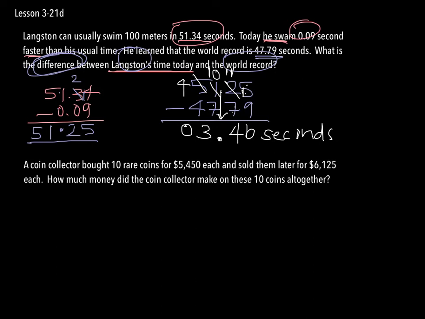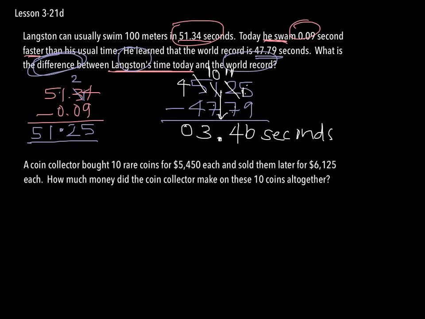Okay? Now, next problem, we have a coin collector who bought 10 rare coins for $5,450 each, and then sold them later for $6,125 each. How much money did the coin collector make on these 10 coins altogether? What we first have to do, boys and girls, is figure out how much money he made per coin.